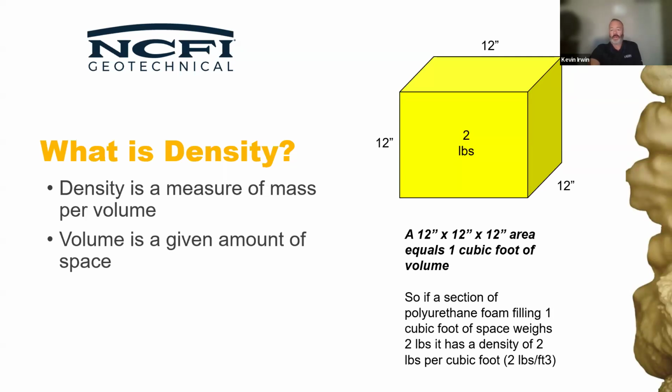When we talk about different chemical formulas, that's what we're talking about, the density per cubic foot. And so that density per cubic foot can change when we inject it into the ground, when it's confined.